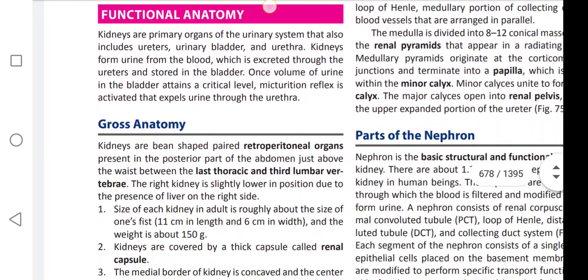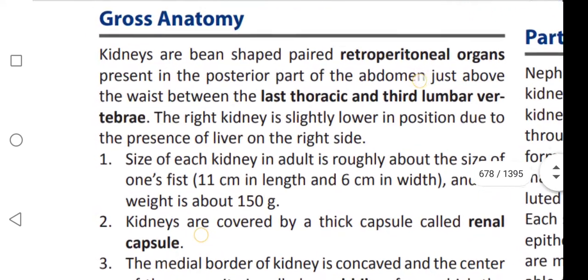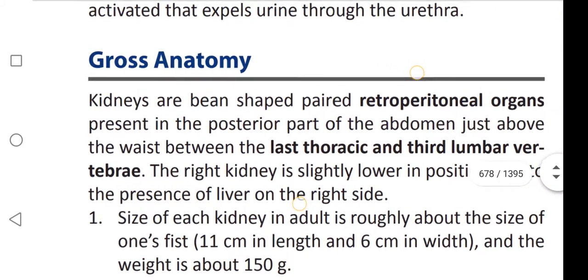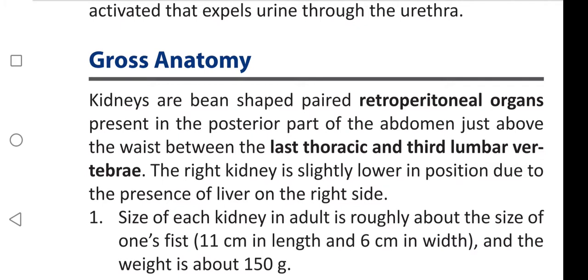Next is gross anatomy. Kidneys are bean-shaped paired retroperitoneal organs, and these are present in the posterior part of the abdomen, just above the waist, between the last thoracic and third lumbar vertebrae.